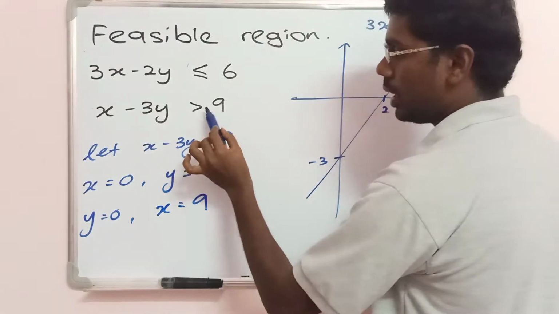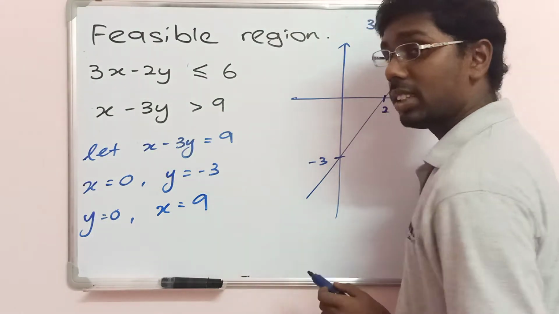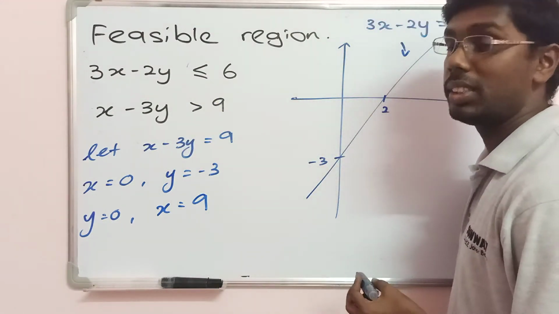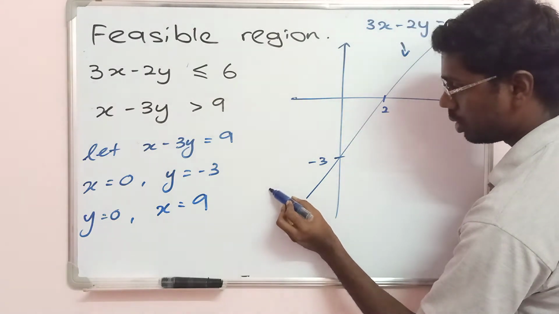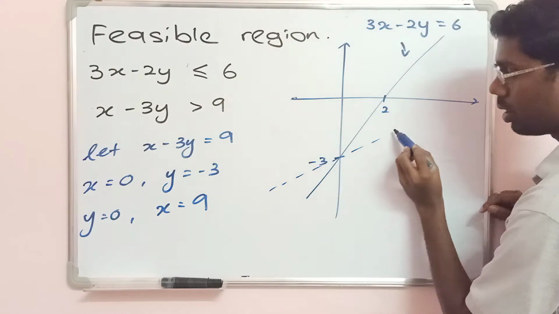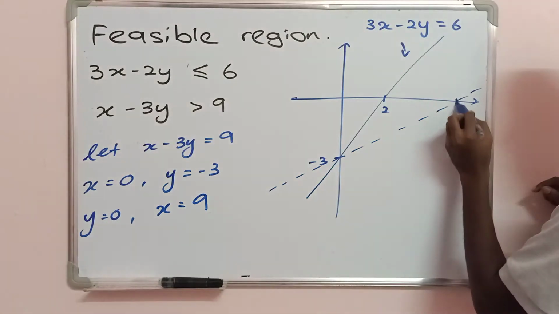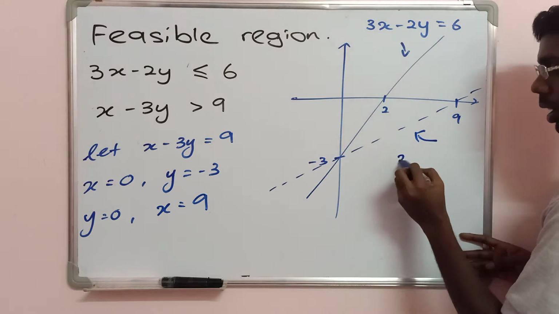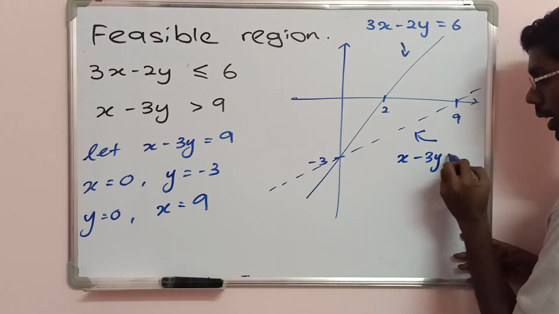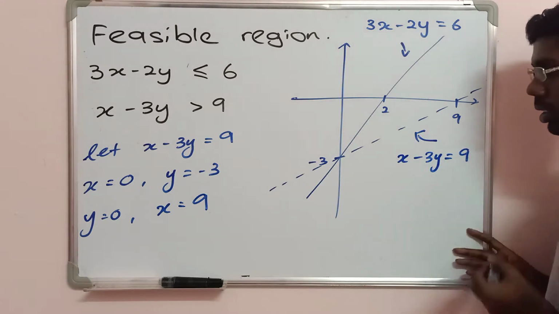But since here it is greater than only, there is no equal symbol, so what we're going to do is have a dotted line. So 9, and this equation is x minus 3y equal to 9. Okay.